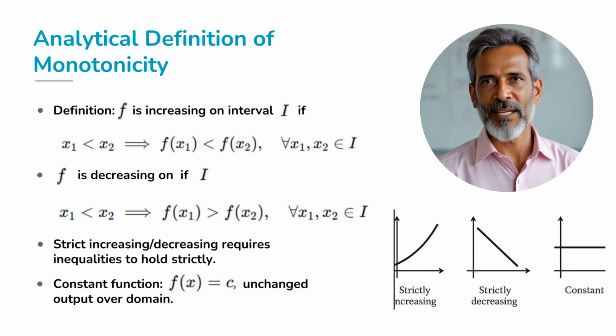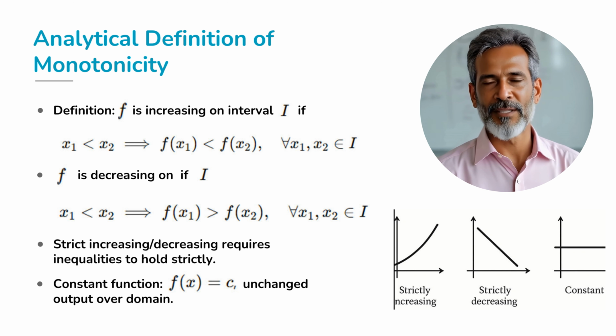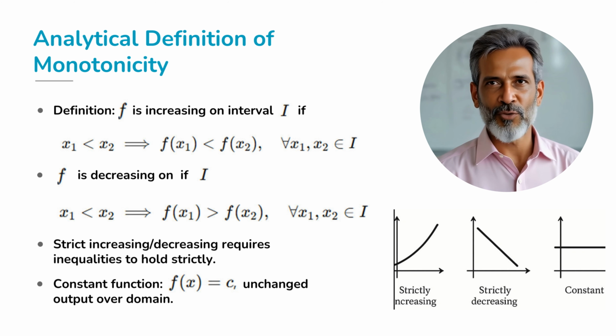We can mathematically define increasing and decreasing functions. A function f from the set of real numbers to the set of real numbers is called increasing on an interval if for any 2 points x1 and x2 within that interval, where x1 is less than x2, we find that f of x1 is less than f of x2.